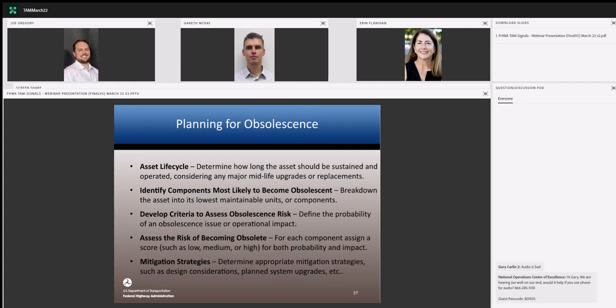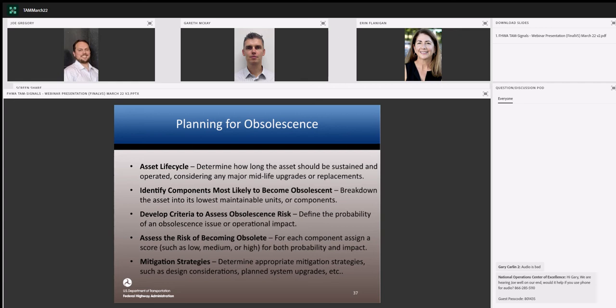Again, within the primer, there's a lot of discussion about obsolescence and how that influences the asset life cycle. There's discussion about a process called reliability-centered maintenance, and those middle three bullet points talk through that. It involves looking at the components of your traffic signals and understanding which components are the highest risk, identifying that risk, and then considering mitigation strategies.